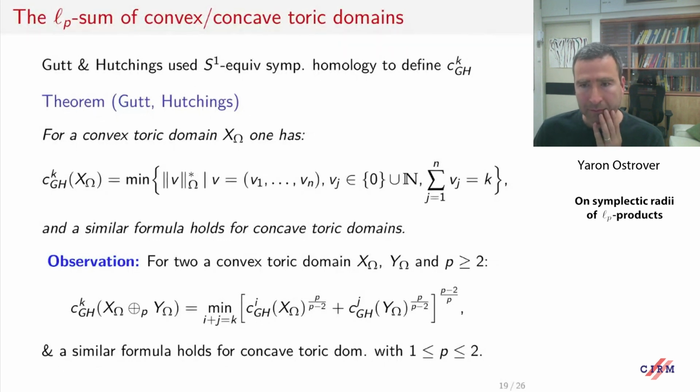So if the strong Viterbo conjecture is true, there should be the same inequality for any capacity, right? I was wondering, is there some work to try to see if it holds for, say, the cylindrical capacity or the Gromov radius, geometric capacities like this?